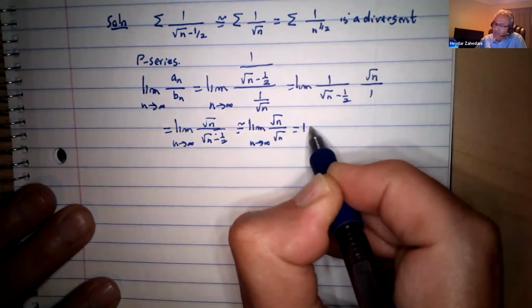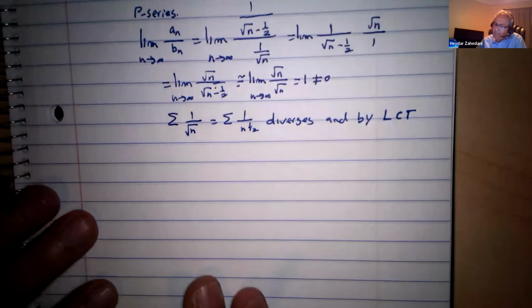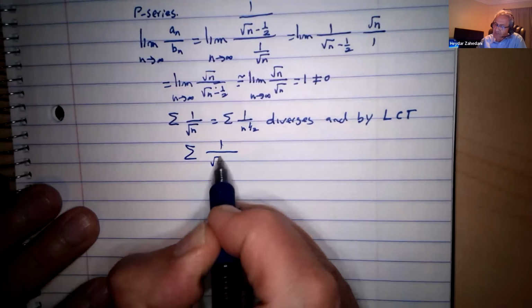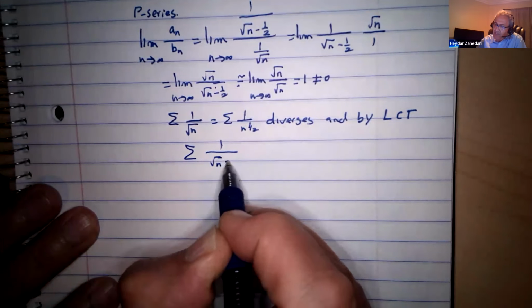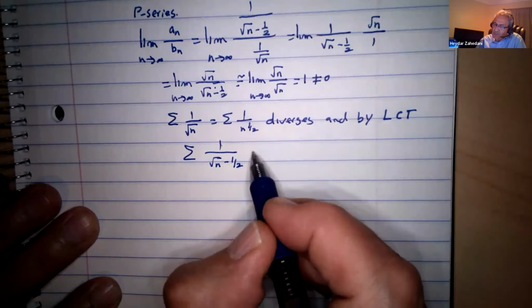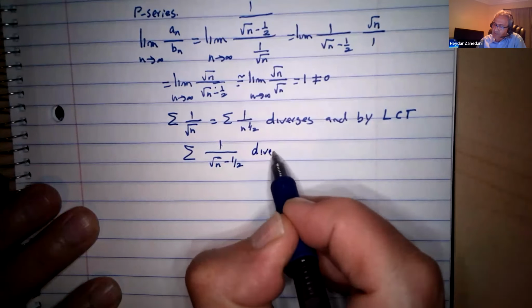So consider the same limit of 1 over n radical n, which is the same as the sigma of 1 over n to the 1/2, which diverges, and by limit comparison test, LCT, the given series sigma of 1 over radical n minus 1/2 diverges. And then you're done.